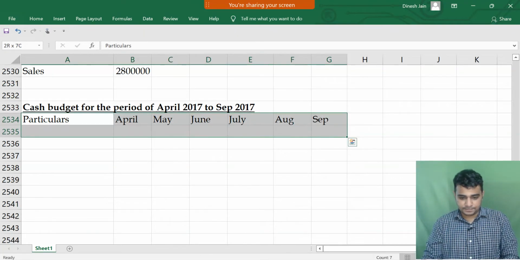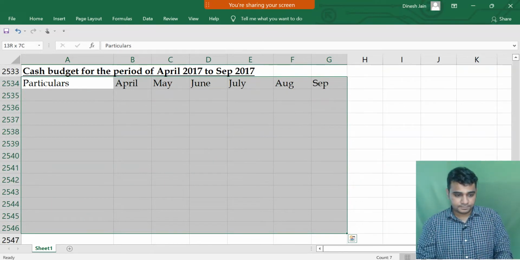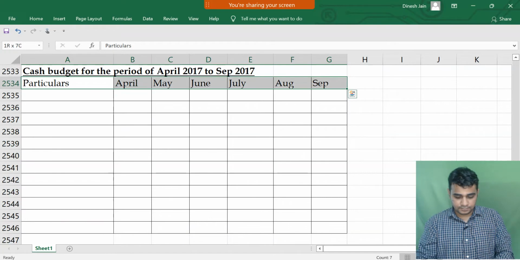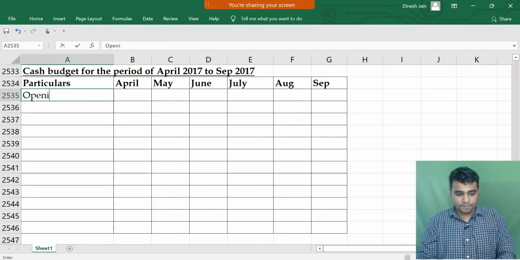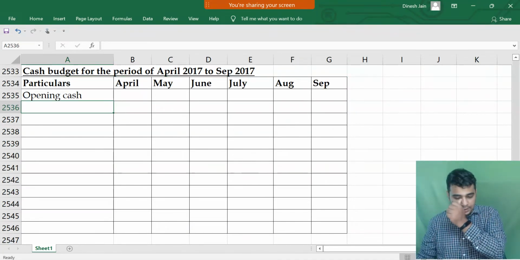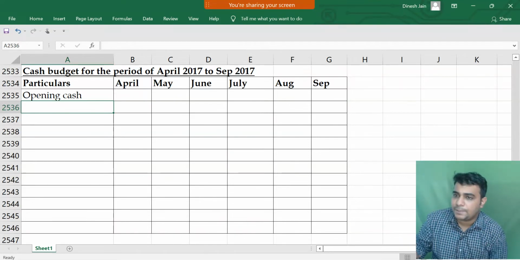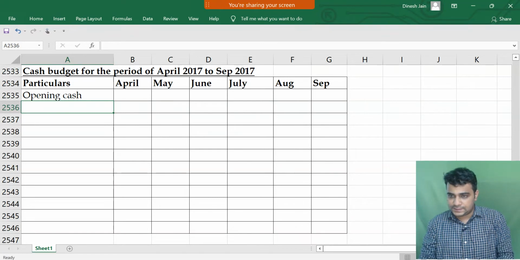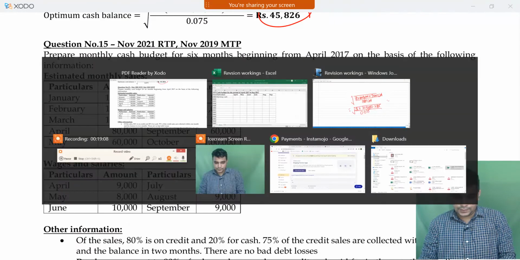Opening cash. The most tricky or difficult part would be the collection from customer. If that is done properly, the problem will almost be simple. Opening cash is 20,000.